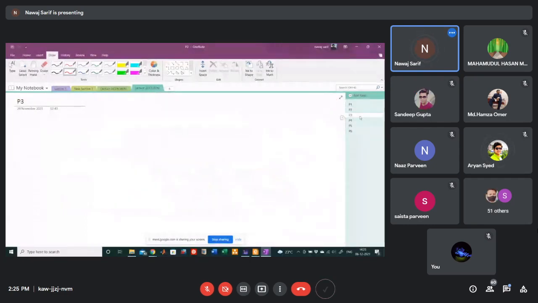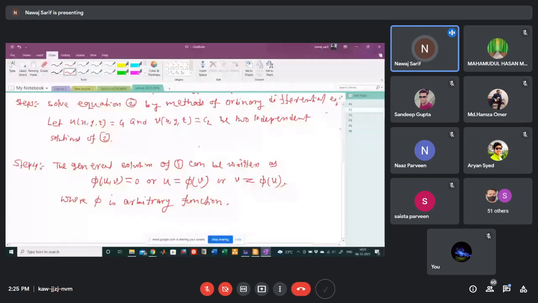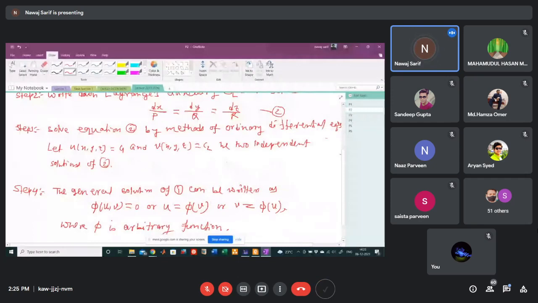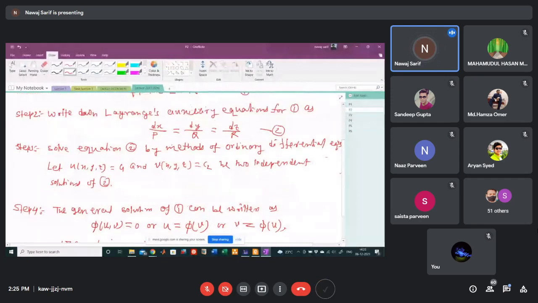Yes, sir. Now, you can see here in equation 2, in the denominators P, Q and R are functions of x, y, z. There may be some cases where P is only a function of x, Q may be a function of x and y, and R may be a function of x, y, z.